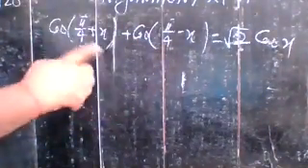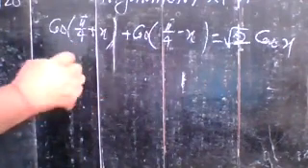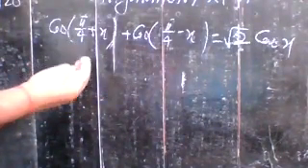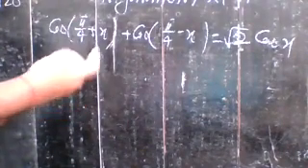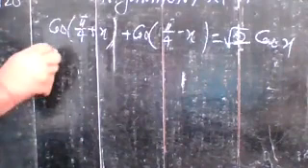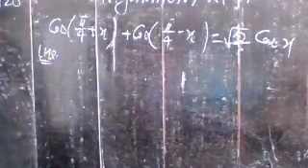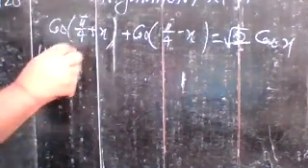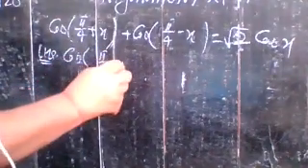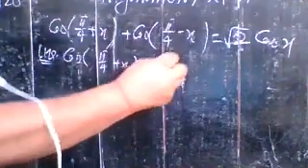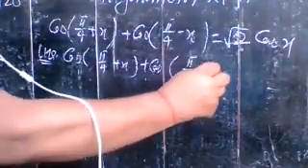No doubt it takes less time to solve. Understand? So take the left side: cos (pi by 4 plus x) plus cos (pi by 4 minus x).